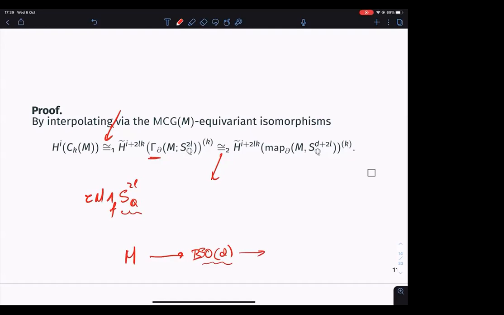I want to consider this as a sphere bundle, as a fibration, a spherical fibration. So what I'm putting here is homotopy automorphisms of degree 1, based, of the sphere S^(2L+D).